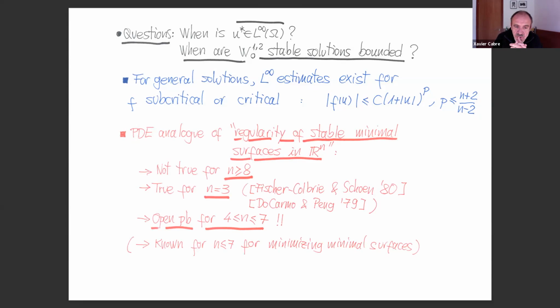So it is known, and there is an explicit example, the Simon's cone, that in dimensions 10 and higher, when the ambient space is of dimension 8 and higher, there are minimal surfaces, so surfaces with zero mean curvature, which are singular, and they are absolute minimizers of the area.